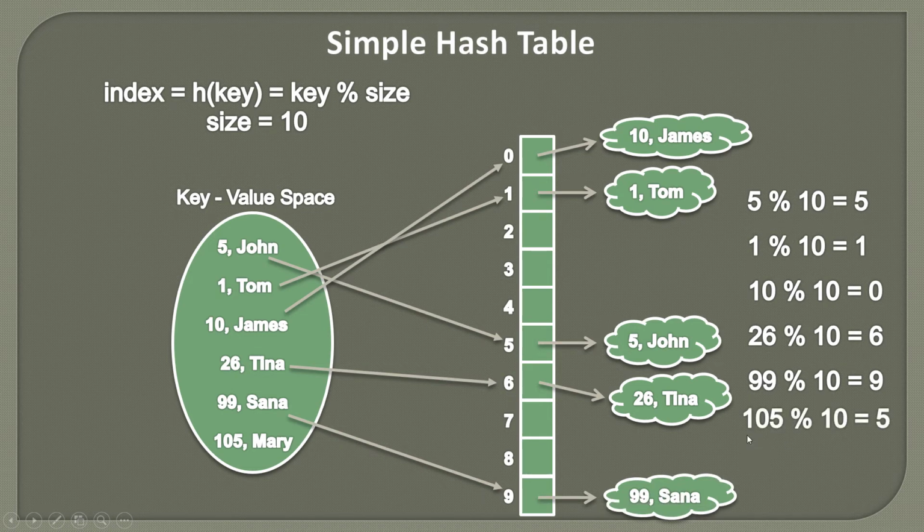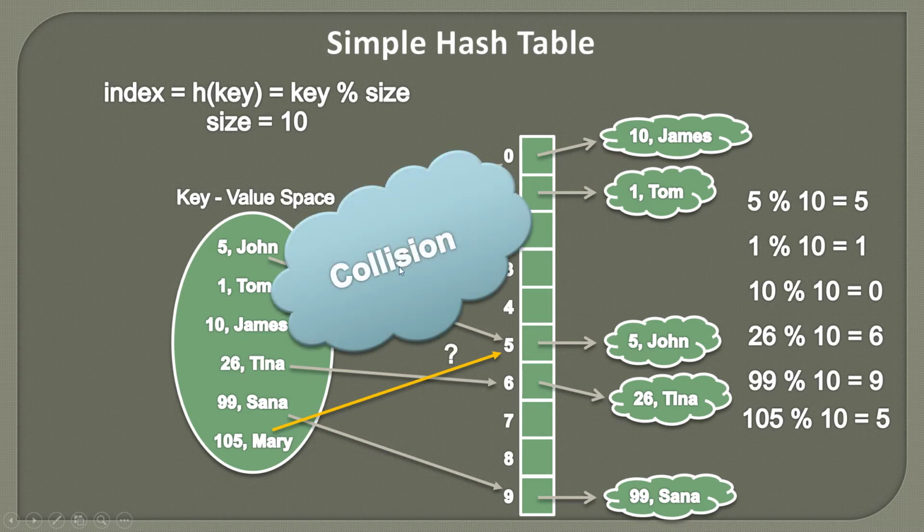And when we encountered the value 105, our hash function returned the value 5, because when we divide 105 by 10 we get 5 as the remainder. So when we went to the 5th index, we saw that there is already a value stored, 5, John. So this resulted in a collision which we discussed in our previous video.